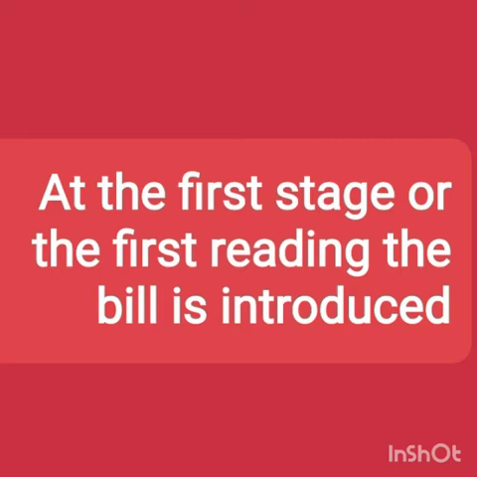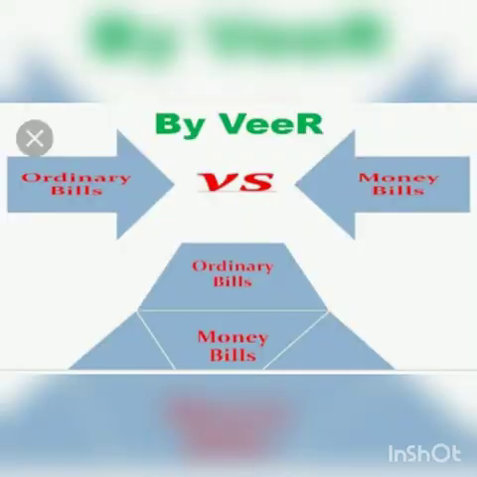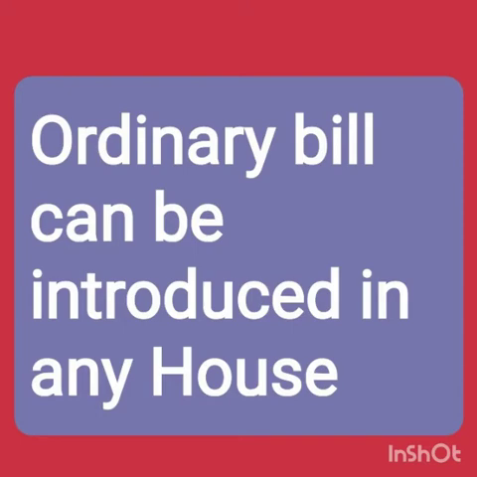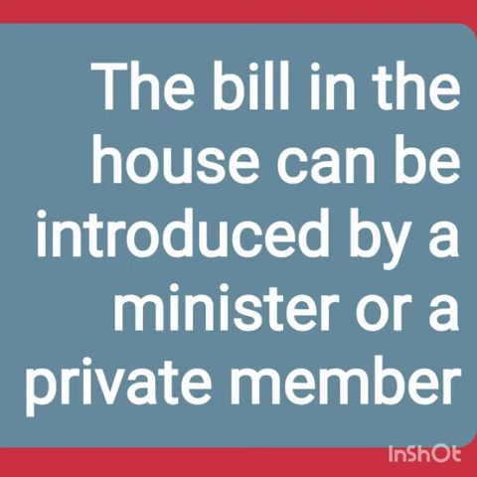During this first stage of the lawmaking procedure, the bill is introduced in the House. There are 2 types of bills that can be introduced in the Lok Sabha. They are the ordinary bill or the money bill. The money bill can be introduced only in the Lok Sabha, but the ordinary bill can be introduced either in the Lok Sabha or in the Rajya Sabha. The bill can be introduced by a minister or by any private member.